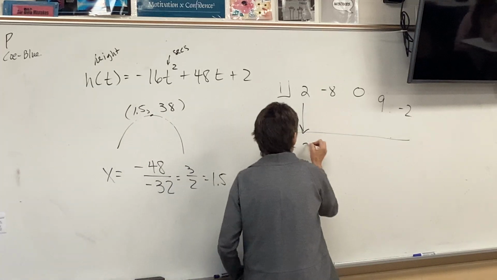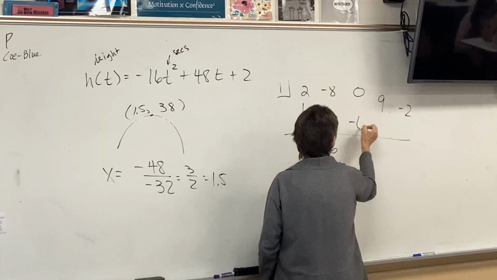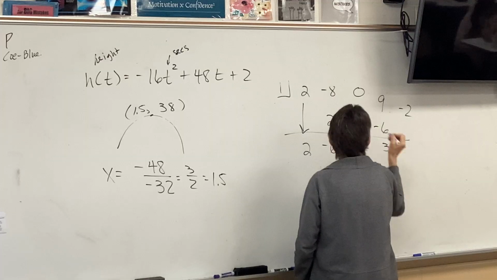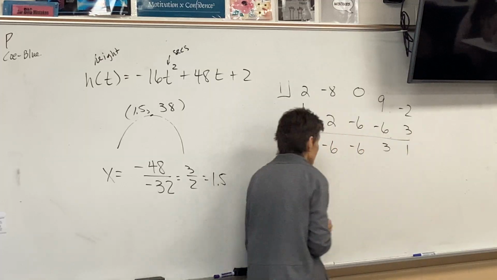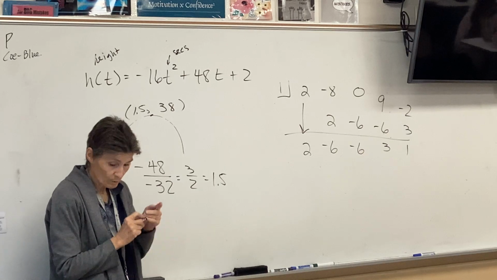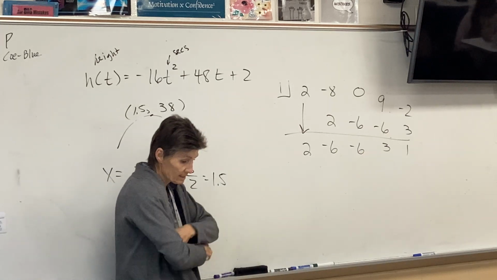So here we go. See if you get the same answer I do. Don't just copy mine down. You do it and see if you got the same thing I did.